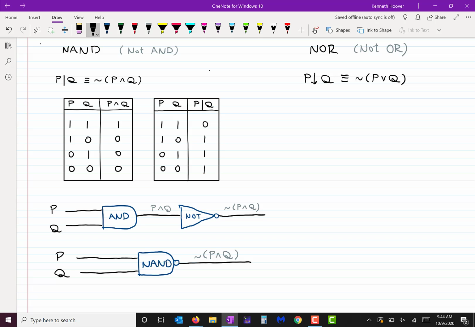Let's make a truth table for that. So we'll start by making a truth table for P or Q. Not a truth table, sorry, an input-output table, I mean.